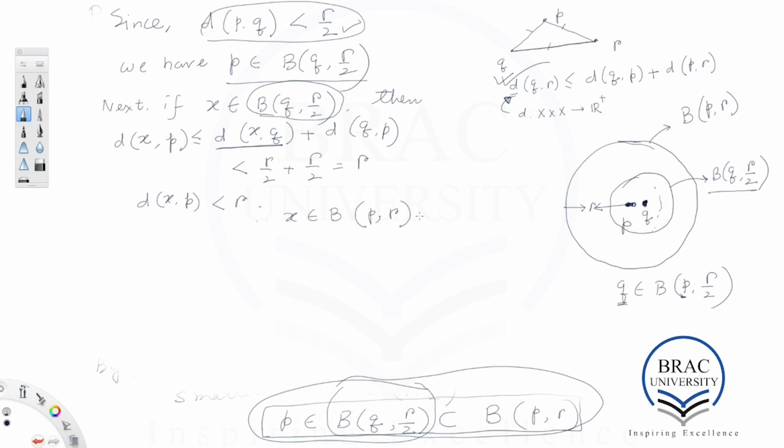So we started with X being in this ball, and we ended up with the fact that X also belongs to this ball, which proves that the ball B(Q, R over 2) is a subset of B(P, R). So this former ball is contained in the latter ball, which proves our claim.